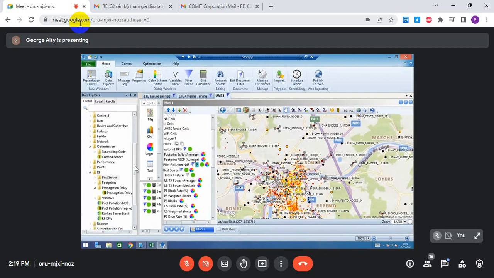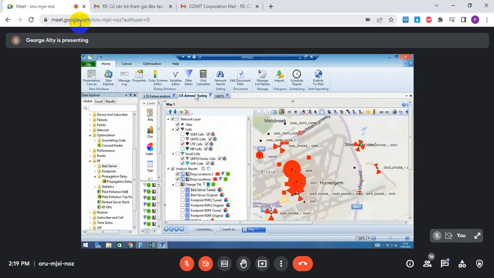Okay, so this is the analysis I was looking for earlier. Again, this doesn't appear to be present here. So what I'm going to have to do is defer this. We can have a look at LTE, if that's okay. Let's have a look.